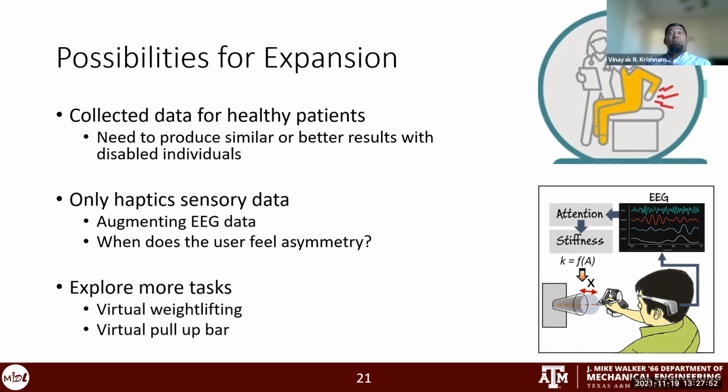And last is about the task. In addition to the spring task, there are many other tasks, say for example visual symmetry. Suppose instead of pulling a spring, I have a stick which has a weight, and I'm moving the weight lifting in the virtual world.